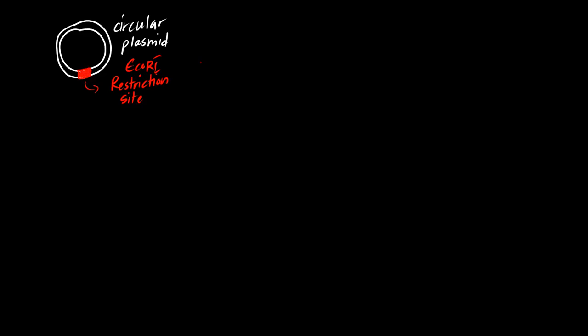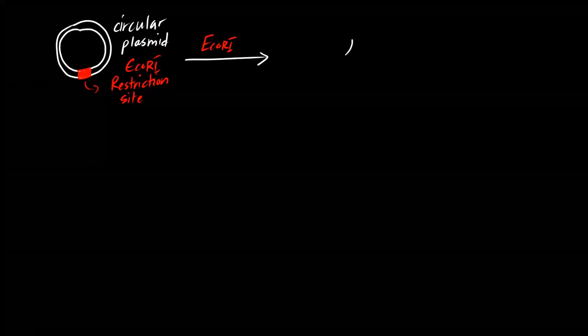So if we take the plasmid and we cut it with EcoR1, for example, we will have now a linear plasmid.